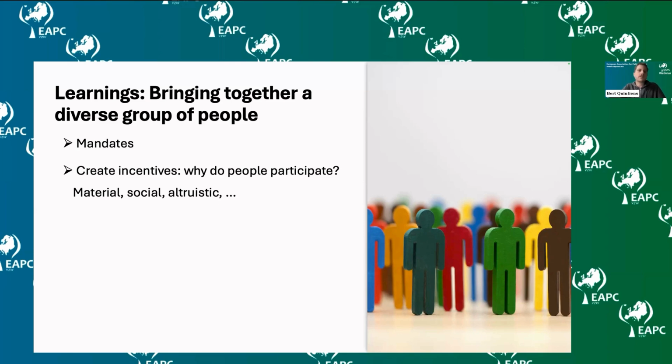They want to connect with other people who work in schools, other researchers perhaps, and just have this social interaction and exchange of information. But people may also participate for altruistic reasons. Maybe they just want to create better schools and better end-of-life experiences in schools, or just want to create a better world. It doesn't really matter why people participate, but you need to find out why every person participates, because you need to give into that. You need to give them what they want to keep them motivated.